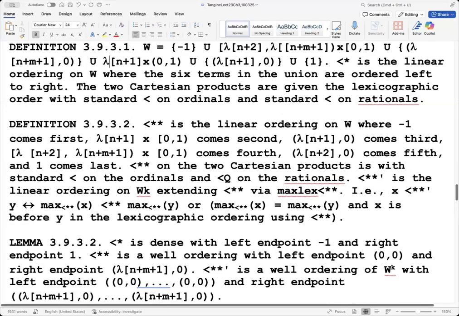Okay. So what does this space look like? Well, it's a mixture of rationals. It was always before a mixture of rationals and ordinals, right? Okay, so the first thing is minus 1.